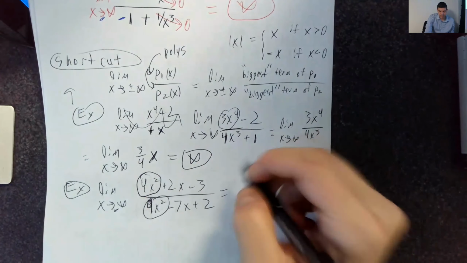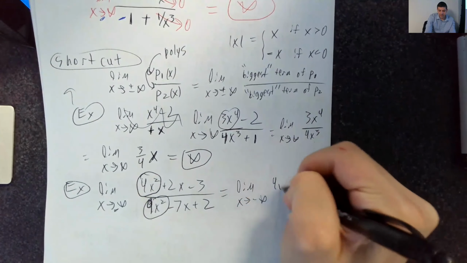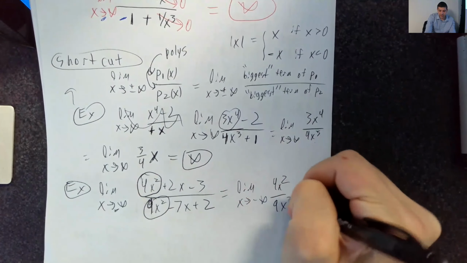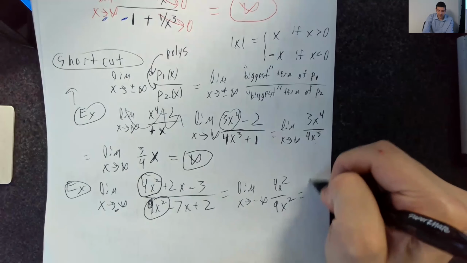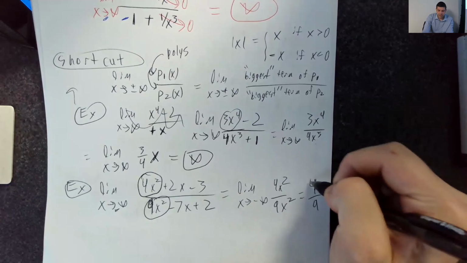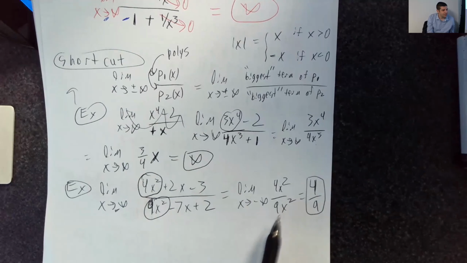So if you use the shortcut, the limit as x goes to negative infinity of 4x squared over 9x squared, the x squareds cancel. We get 4/9. So the shortcut is doing all the algebra for you, with the pro tips included. So feel free to use it.